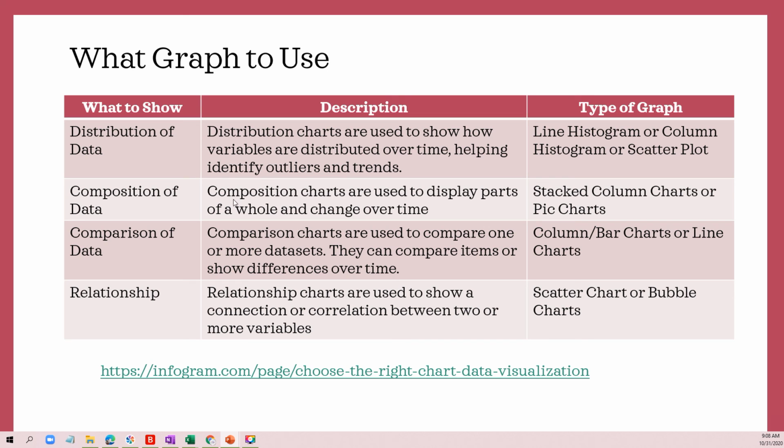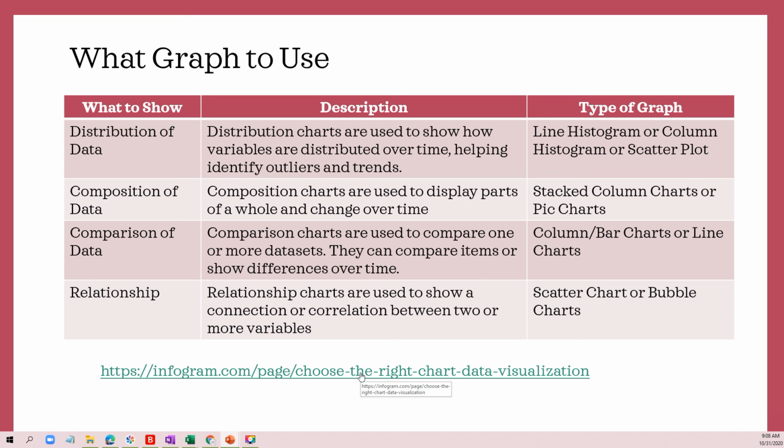If you're talking about the composition of the data, like we were showing with the pie chart, where the whole thing is made up of these different types, then a column or pie chart is good. If you're talking about comparison data, where you're comparing two data sets, you can use column or bar or line charts. And if there's a relationship, then again, a scatter chart works very well.